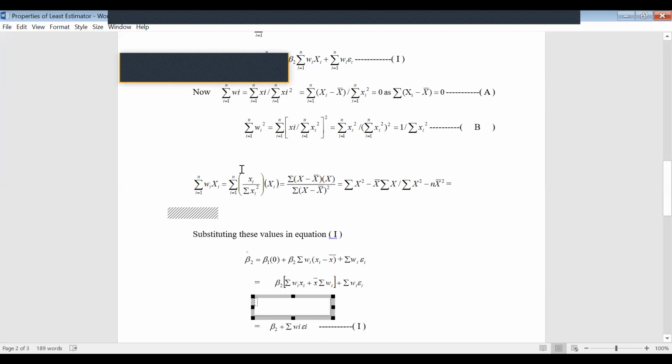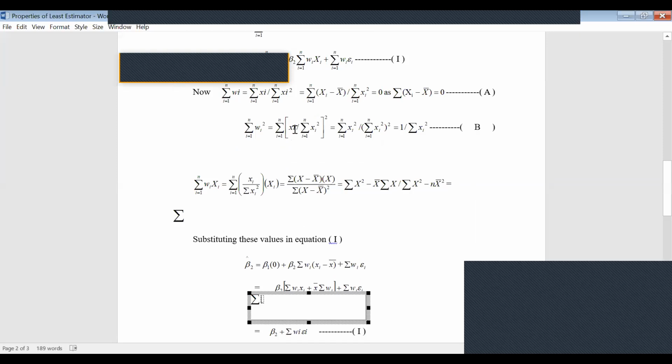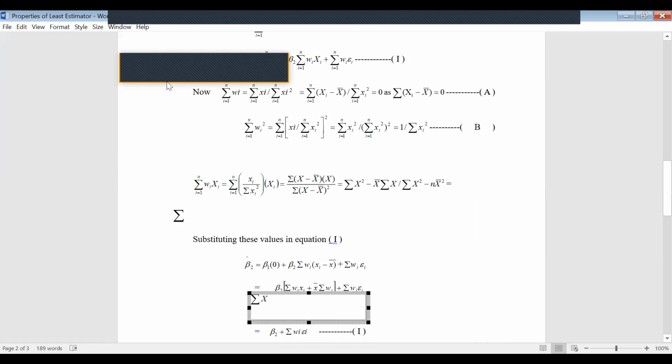So we have summation x square minus nx bar square, because summation xi is equal to nx bar, so we have already 1 x bar.